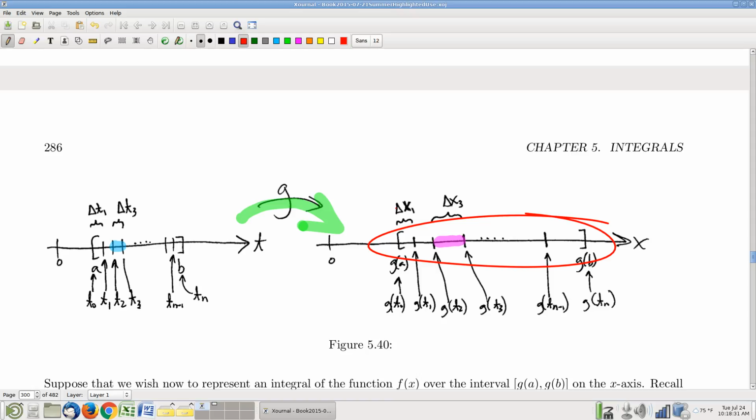So I'm going to assert here, and again this is not an analysis class, so I'm not going to prove it. I don't want y'all to sweat it, but I'm going to make what I think is a pretty plausible argument. If you're trying to compute the mass of a rod, let's take a one-dimensional rod, and you argue that the total mass is the sum of the little masses that you slice it up into, who cares if those slices are the same width? Mass is an intrinsically conserved thing.